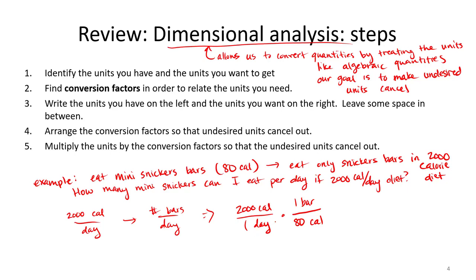So days stays there, but notice the calorie units cancel, and we can determine that I can eat 2,000 divided by 80 bars per day if I were to only eat Snickers bars for a 2,000 calorie diet. So that comes out to something like 25 of those little things.